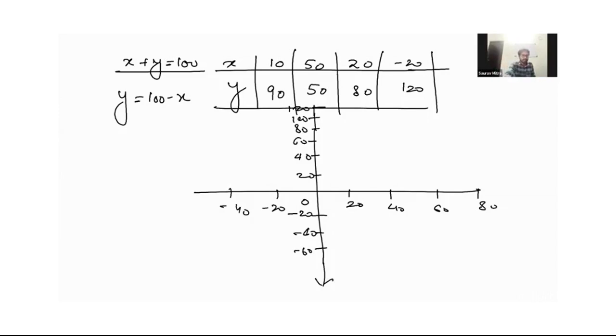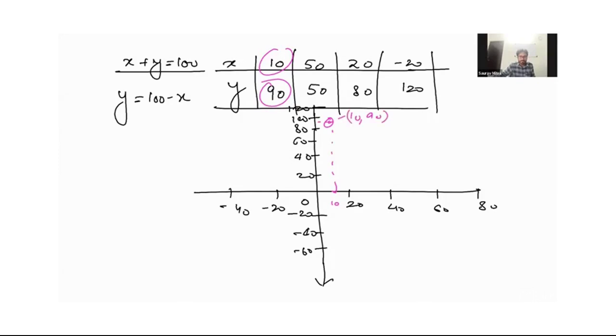You cannot leave the axis vacant, so you have to write at least some of the numbers. Now we have to plot this: 10 comma 90. From x you have to come here at 10 and for y it is 90. So this point is your 10 comma 90.